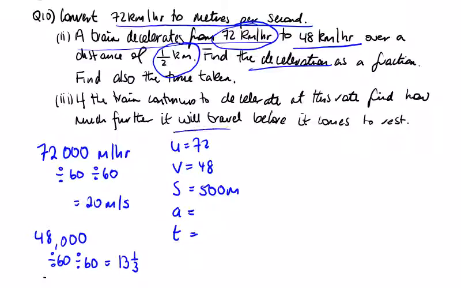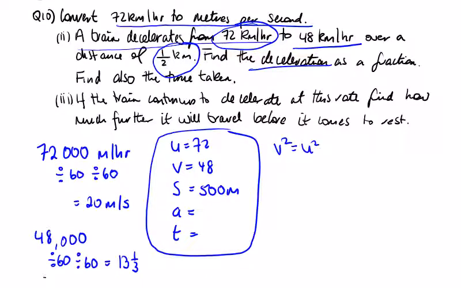Okay, let me do it this way first, and we'll see, do we get a fraction? So v squared is equal to u squared plus 2as. So we're looking for a. So 48 squared is equal to 72 squared plus twice 500 times a. So a is equal to, it's going to be negative, it's slowing down, so that's 1000a.